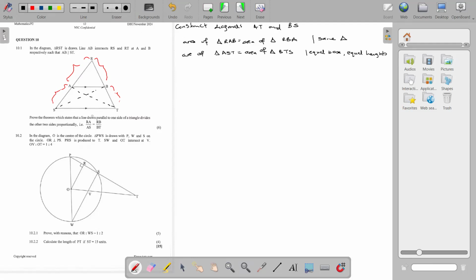If you check, they are sharing the same base ST. So when we say equal base, we can just write it as same base. Then the height is the distance between these two parallel lines. That's our reason.